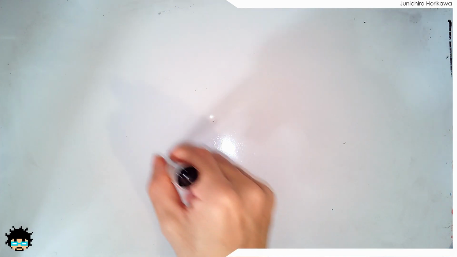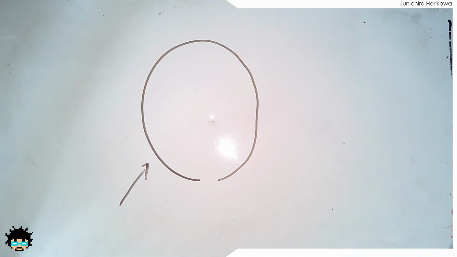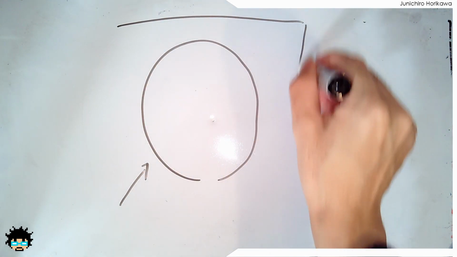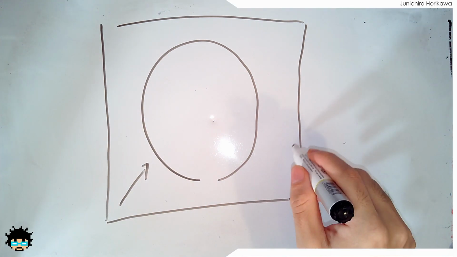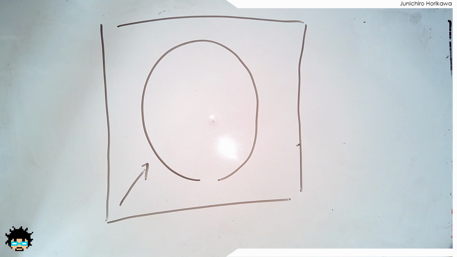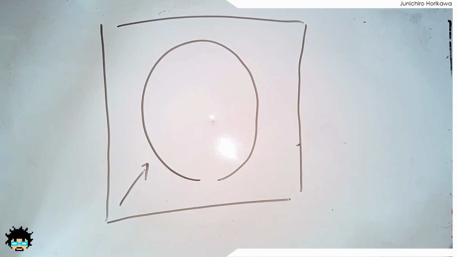So the example that I'm going to create here is a bouncing ball inside a bouncing ball. First of all, I have this big bouncing ball which bounces inside a box, bounced by the boundary of this box. And this will be the single solver simulation.